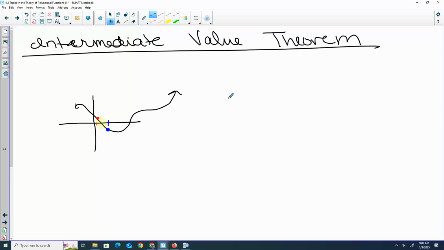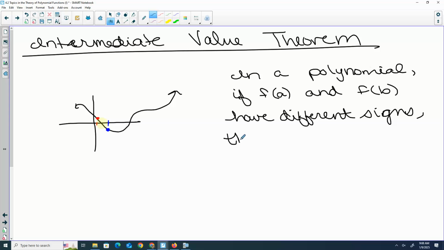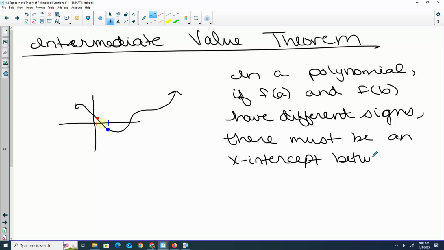So if we write that in words, let's say in a polynomial, if f of a and f of b have different signs, there must be an x-intercept between a and b.